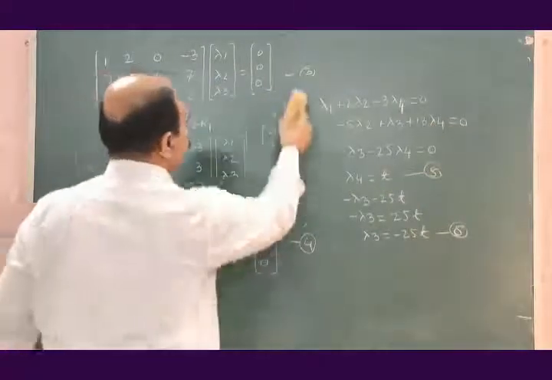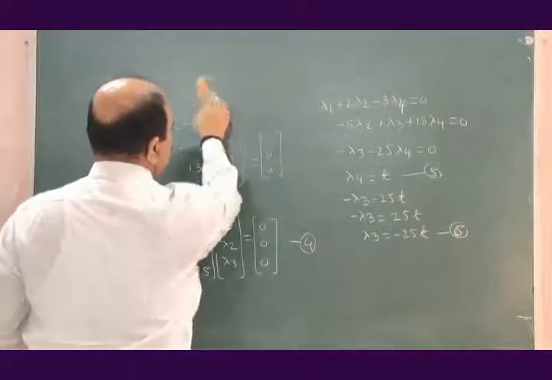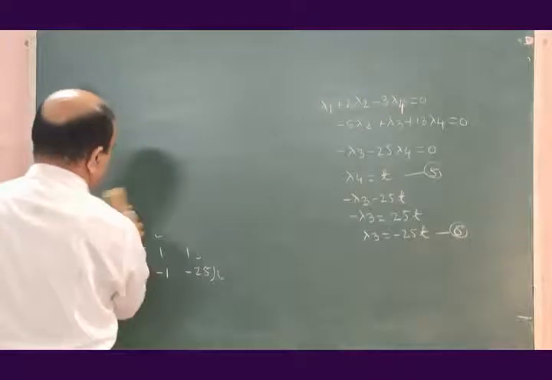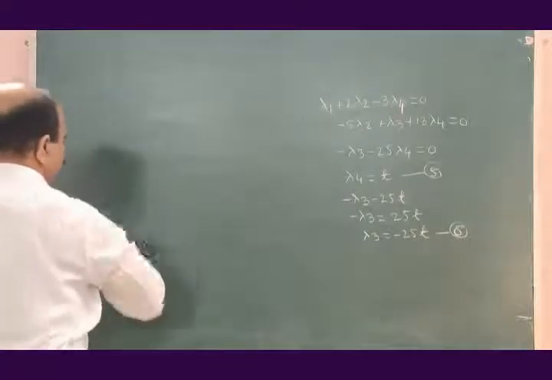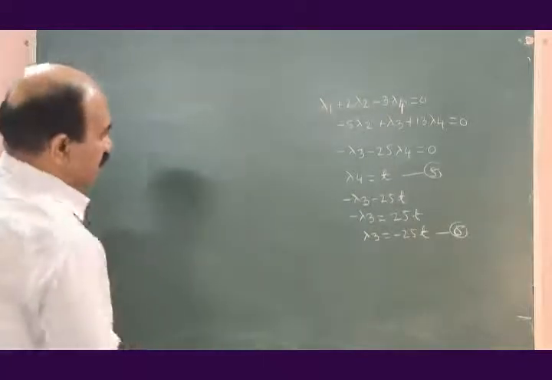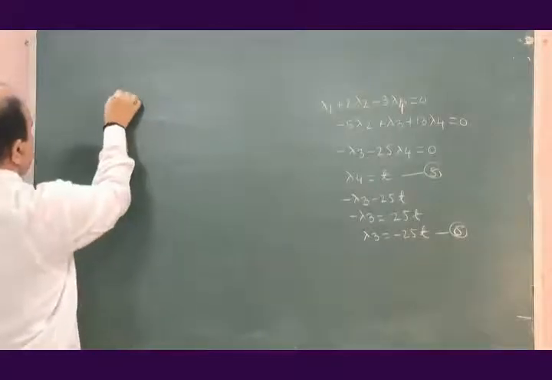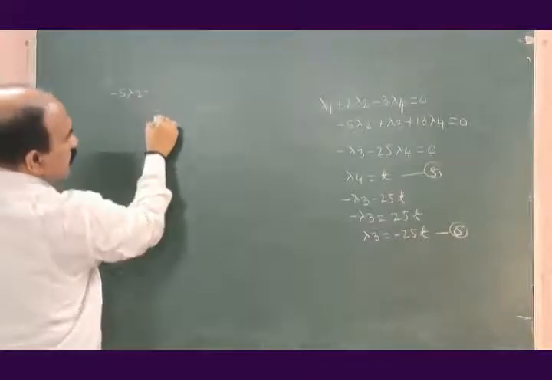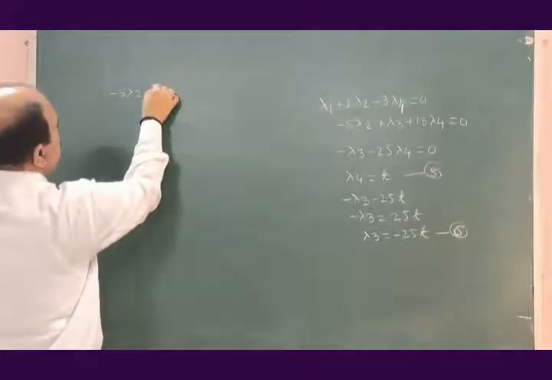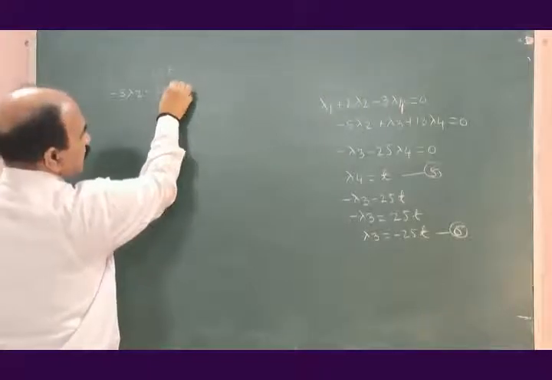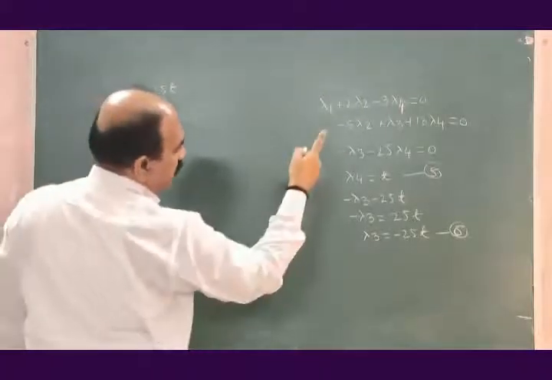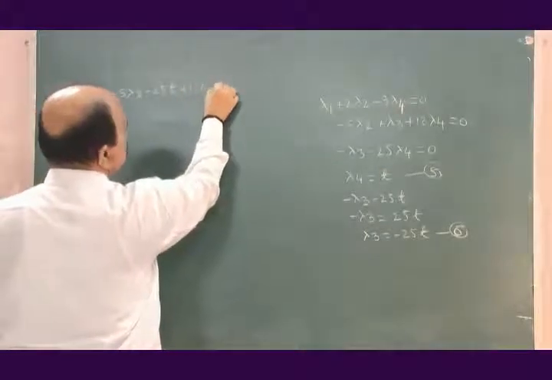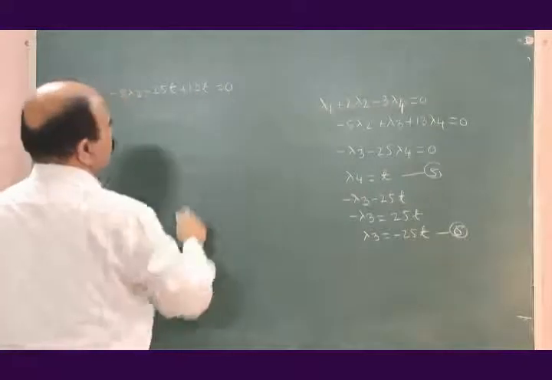If we do this, this equation will now become minus 5 lambda 2, lambda 3 is minus 25t, lambda 4 is plus 13t is equal to 0.